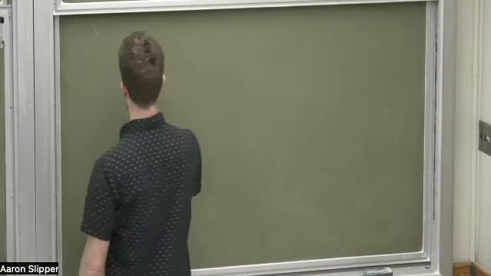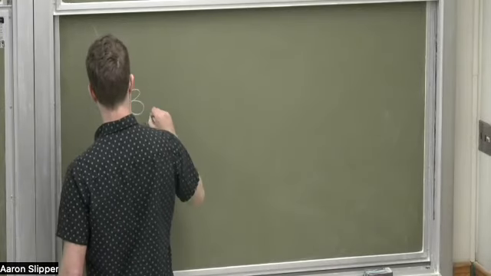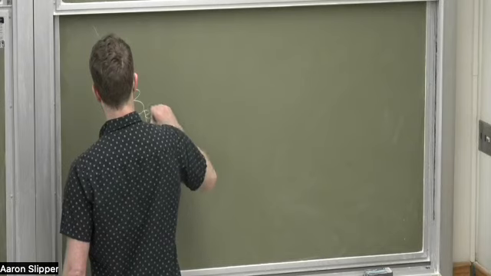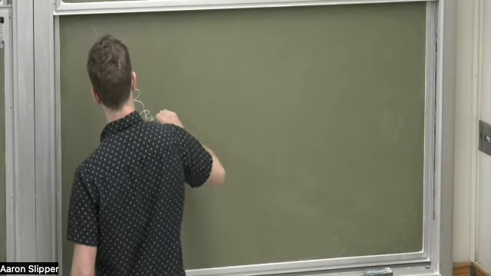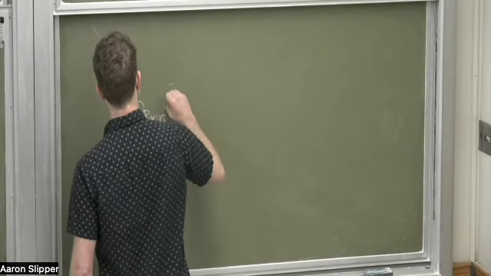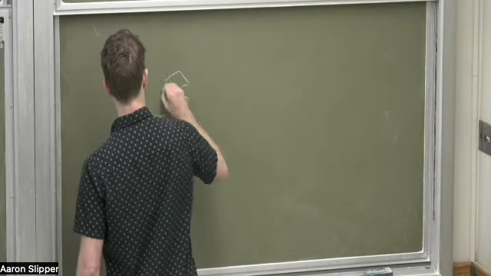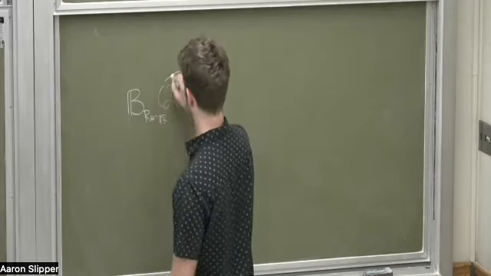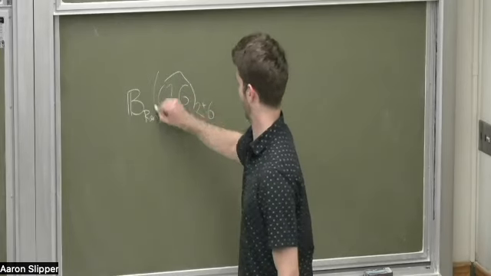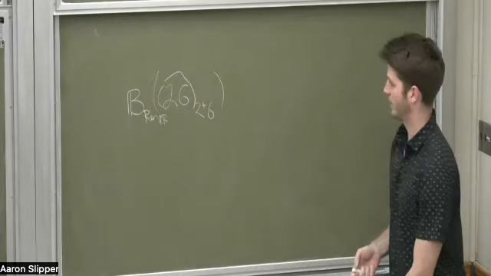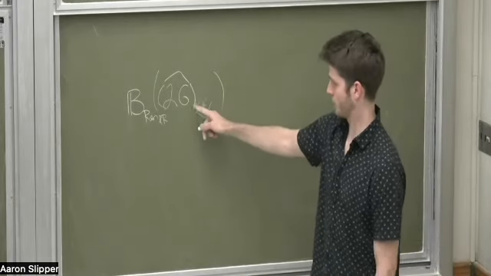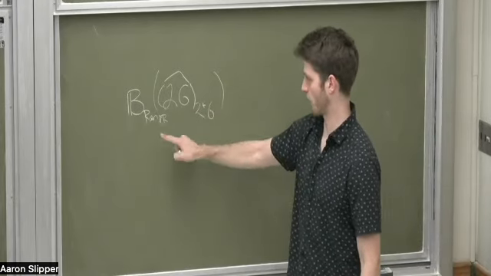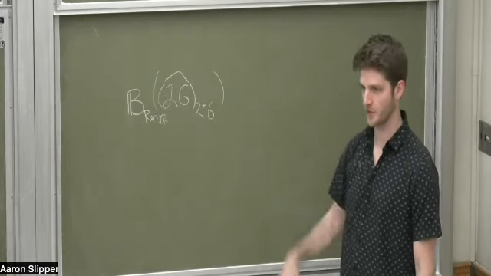On the one hand, we have the classifying pre-stack of this Harish-Chandra pair. Okay, so this is a group, right? It lives over Ran, and I can take its classifying pre-stack.